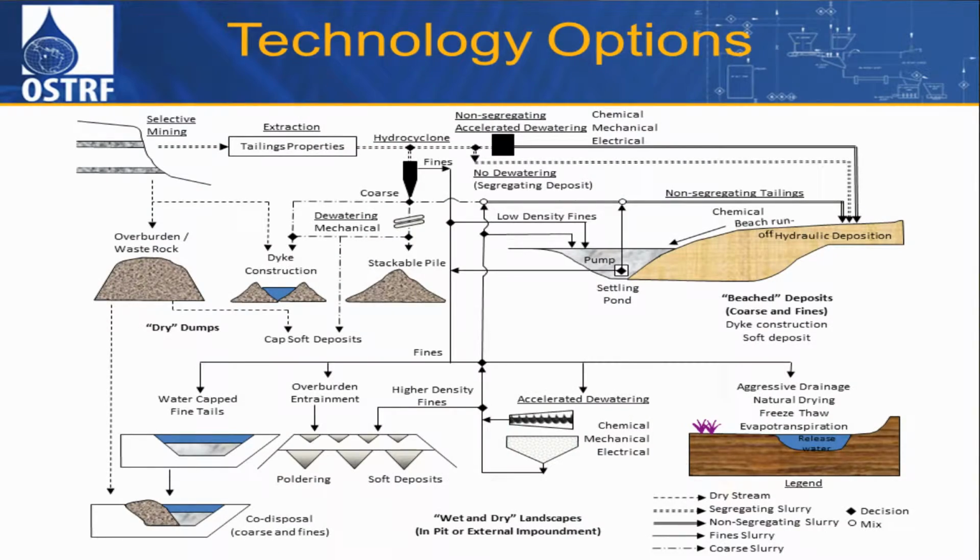And the background of these technology vendors range from people right in the oil sands industry to other mining industries to other industries completely, or small business entrepreneurs that don't have a lot of understanding of oil sands, but they know their dewatering technology really well. So there's a big range of technologies and background in the vendors.